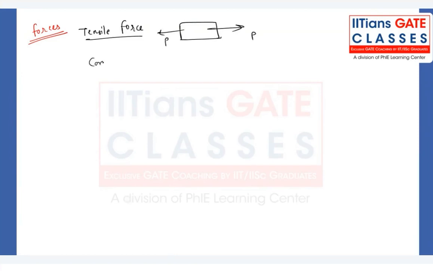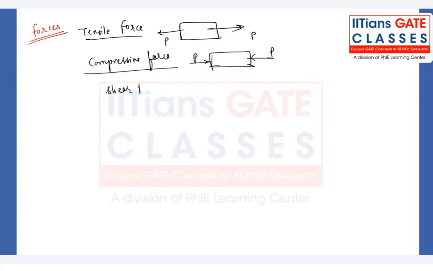We have the compressive force: suppose a body is there and we are applying the forces towards the cross-sectional area of the body. And then we have the shear force. Shear force means that for any body or element, we are applying the forces parallel to the surface, parallel to the cross-sectional area.